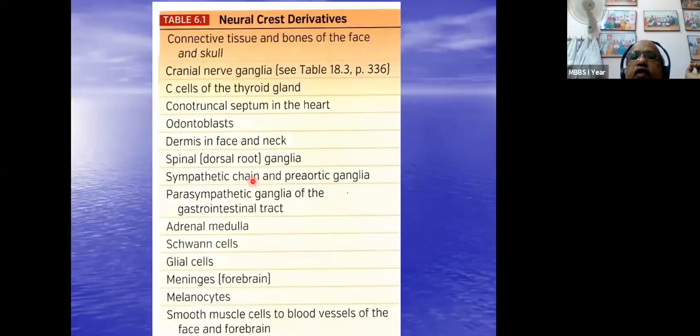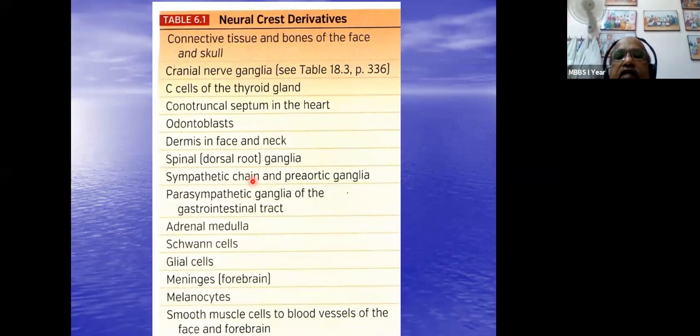In addition, there are some other contributions from the neural crest cells. Connective tissue and bones of the face and skull: contribution is there. They are not entirely derived from neural crest cells, but some role is there from the neural crest also. Cranial nerve ganglia.